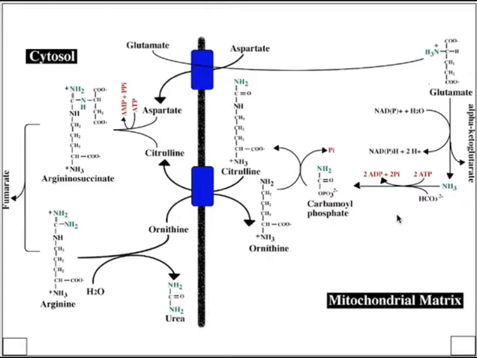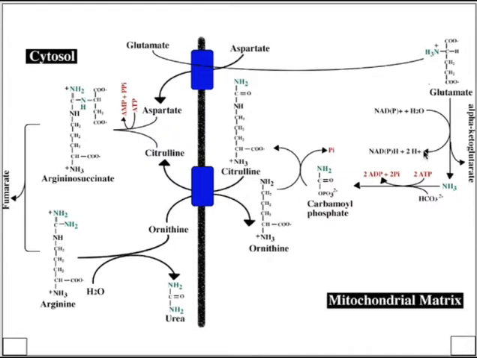Okay, let's zoom in on the first step of the pathway, beginning by looking at the fact that glutamate is oxidatively deaminated, so it loses its amino group, forming ammonia, and it's an oxidation as well, so it also forms reducing power, either in the form of NADPH or NADH.